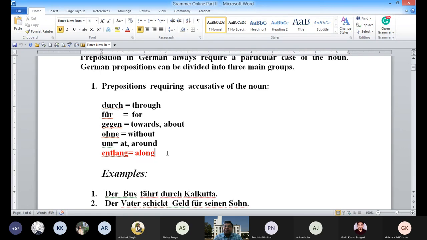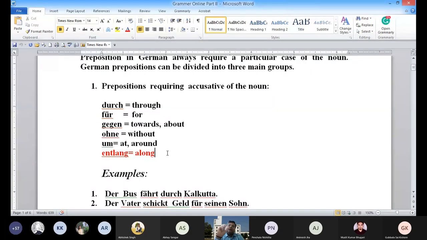Because it begins with a preposition, we call it a prepositional phrase. In sentences we have noun phrases, verbal phrases, adjective phrases, prepositional phrases, and so on. Phrase means it consists of 2, 3, 4, 5 words, and this is considered to be one unit.